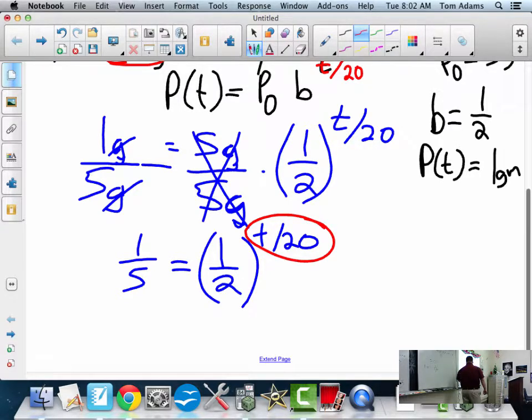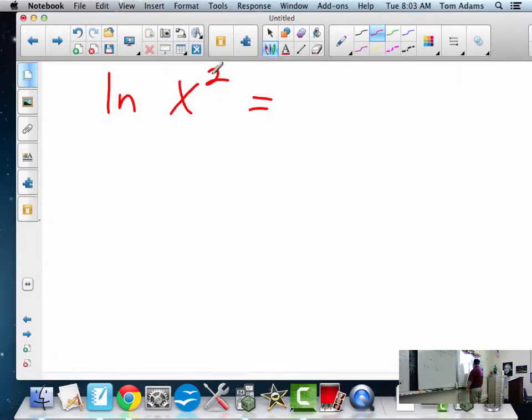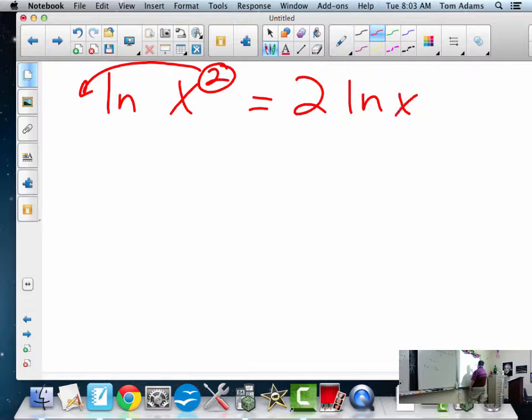Let me start another screen. One of the cool things about the property of logs is that I can take any logarithmic function. For example, if I say the log of x squared, there's a property of logs that will allow me to take this 2 and toss it to the front. So that's equal to 2 times the natural log of x. And that'll work with any log.